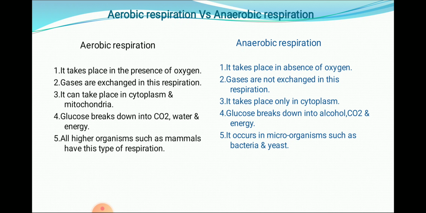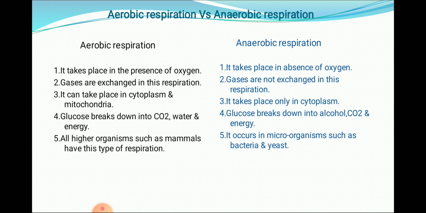Aerobic respiration can take place in cytoplasm or mitochondria, and anaerobic respiration takes place only in cytoplasm. In aerobic respiration, glucose breaks down into carbon dioxide gas plus water with a release of a large amount of energy.